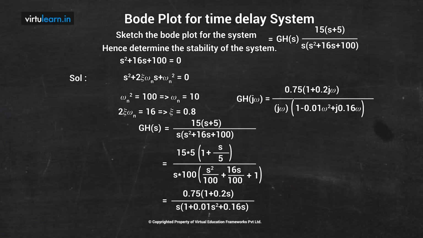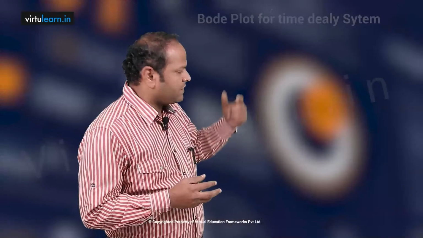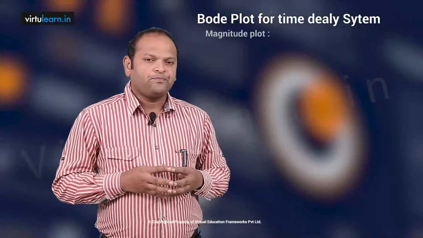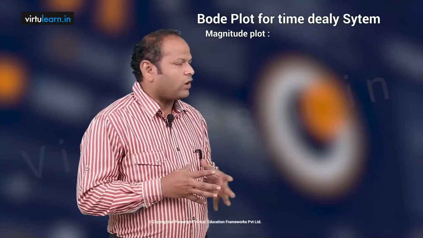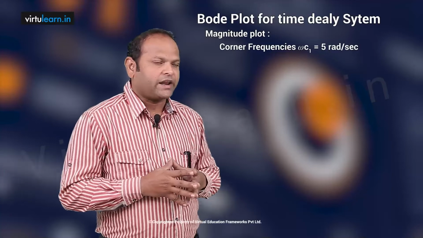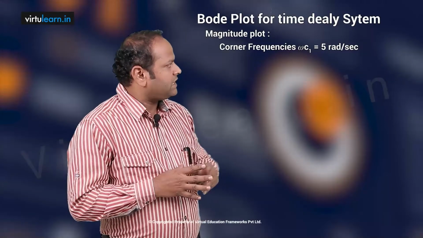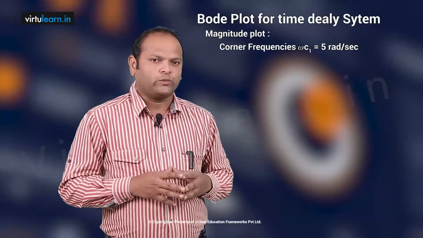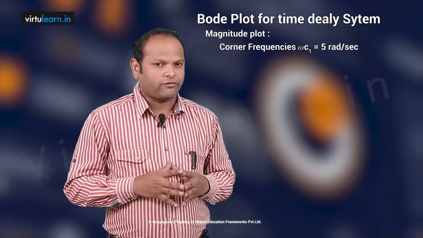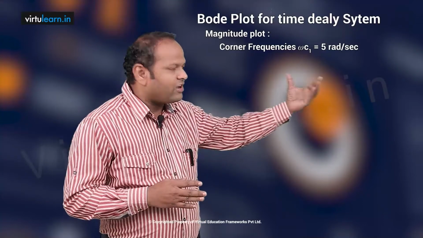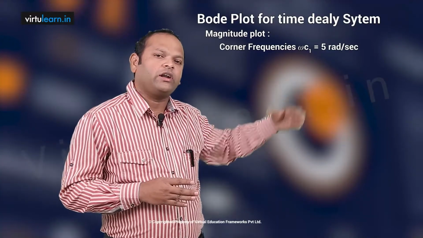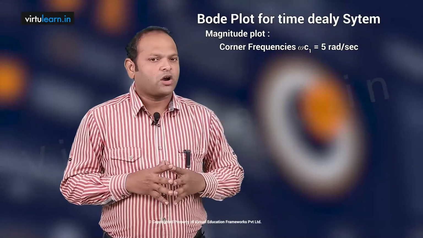In the magnitude plot we have steps. In the first step, identify the corner frequencies and arrange them in increasing order. If you look at the transfer function, there is one finite zero, for which you will get one corner frequency. In the denominator I have a quadratic factor, and whenever you have a quadratic factor you get one more corner frequency.